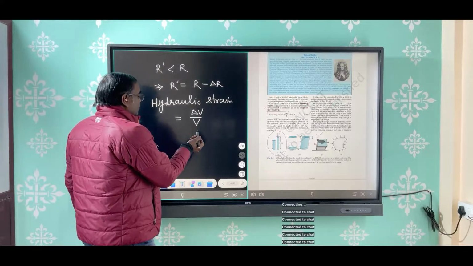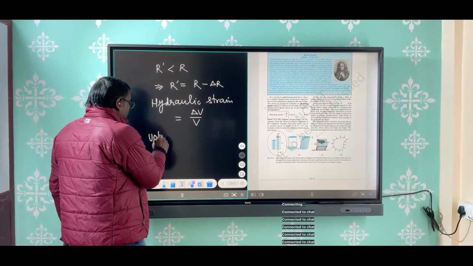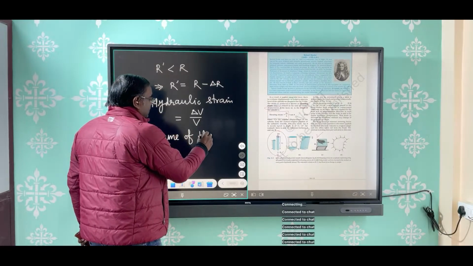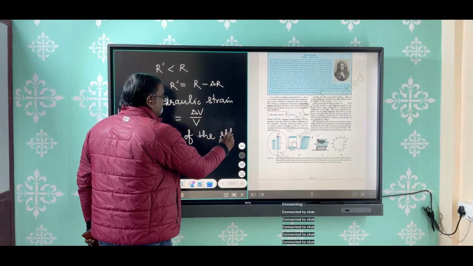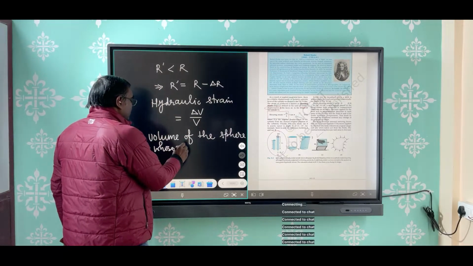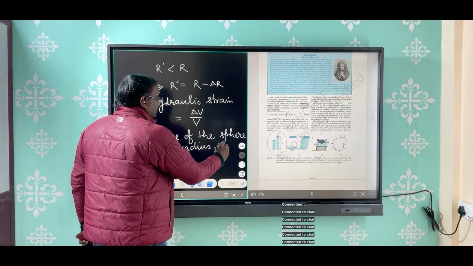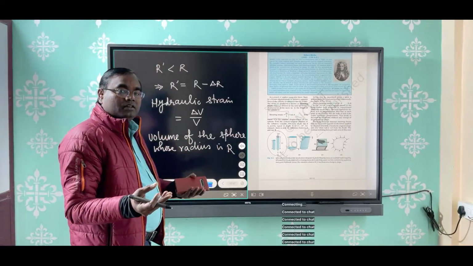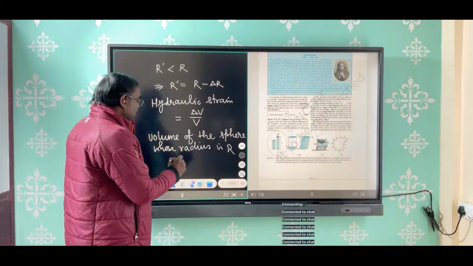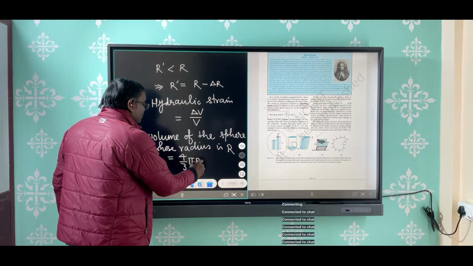So you know the volume of the sphere whose radius is R. By the knowledge of class 9, 10th mensuration, we can calculate the volume by formula 4 by 3 pi r cube.